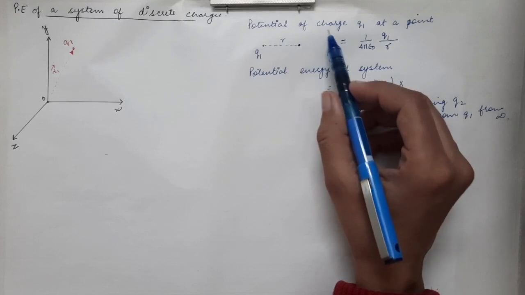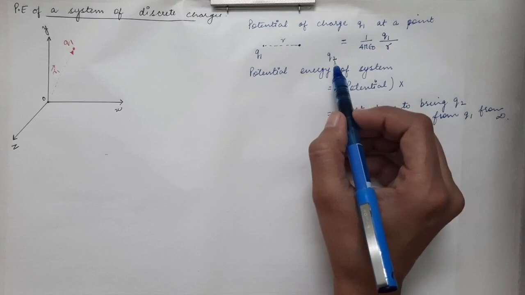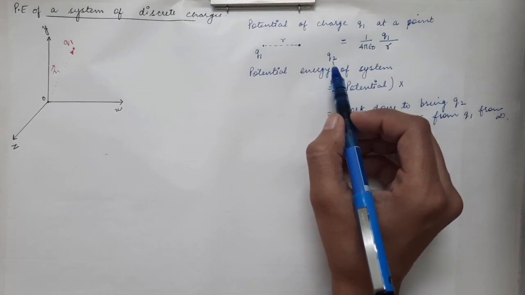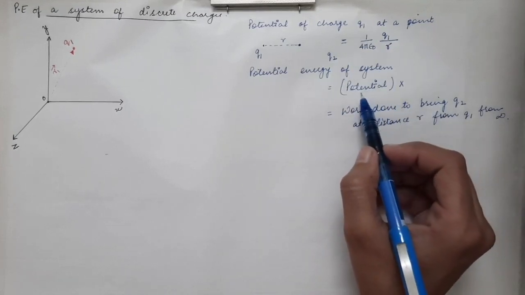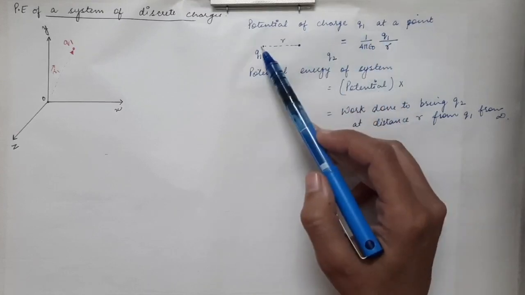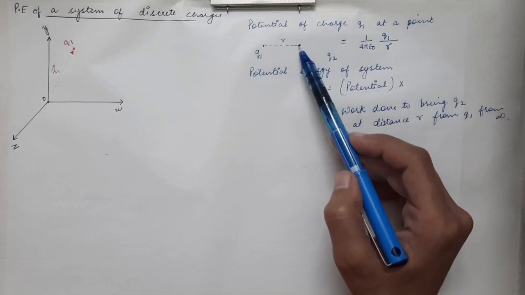In that case, the work done is given by this formula. And if we have a Q2 amount of test charge whose magnitude is not equal to 1, in that case, what is the work done? That will be just equal to potential. So this is nothing but the potential of Q1, which is the source charge, at a particular observation point.